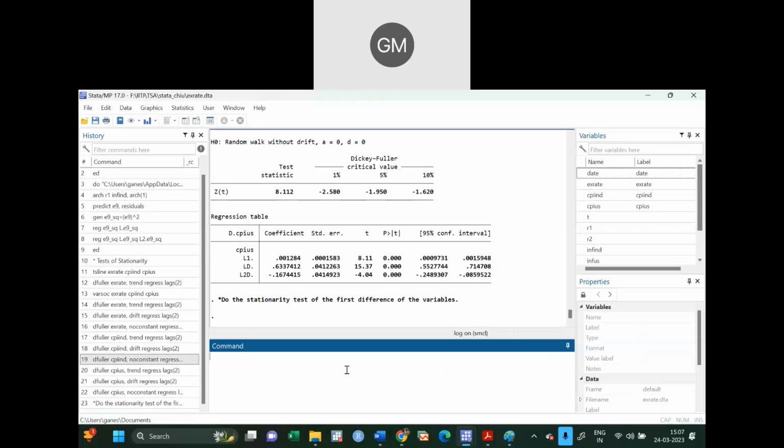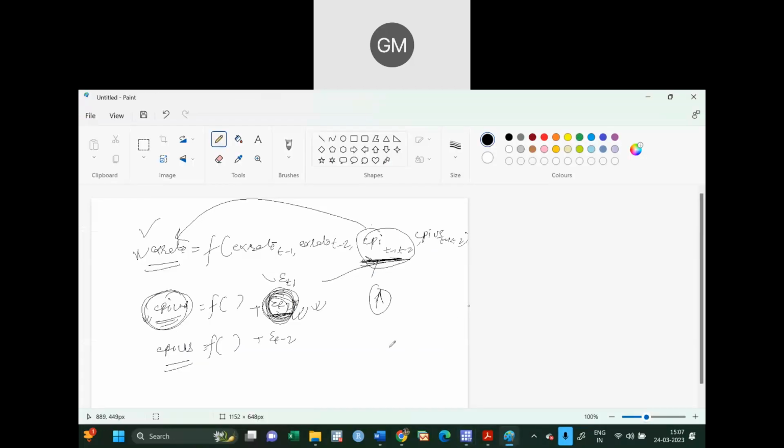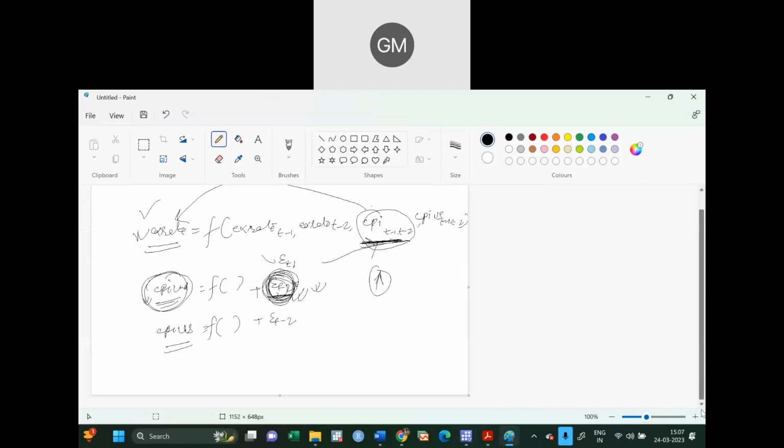Yeah. So one more thing, together with this. Now I talked about exchange rate, consumer price index of India, and consumer price index of US being non-stationary in level, but stationary in the first difference.